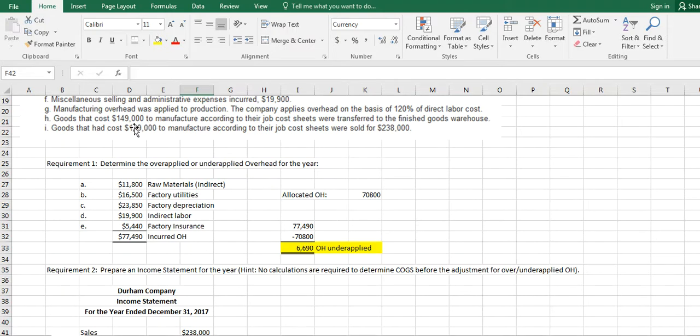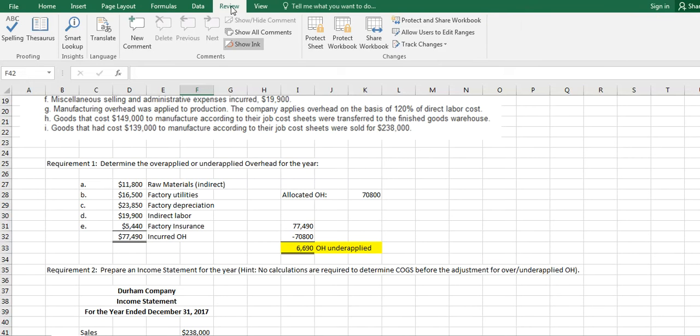According to what they estimated when they estimated the overhead and applied that throughout the period, these goods cost $139,000. But we actually spent $6,690 more than what we allocated. So we need to increase this cost of goods sold by the amount that is under applied.